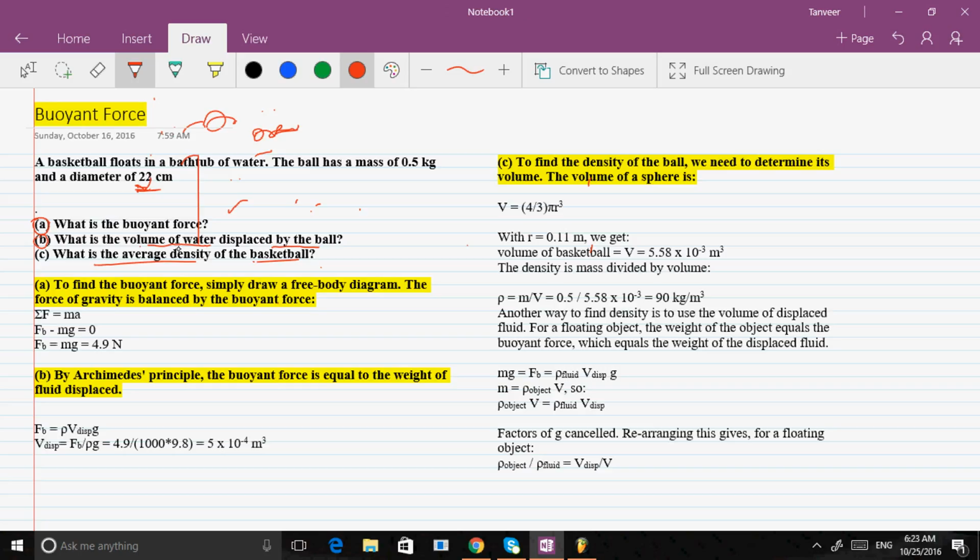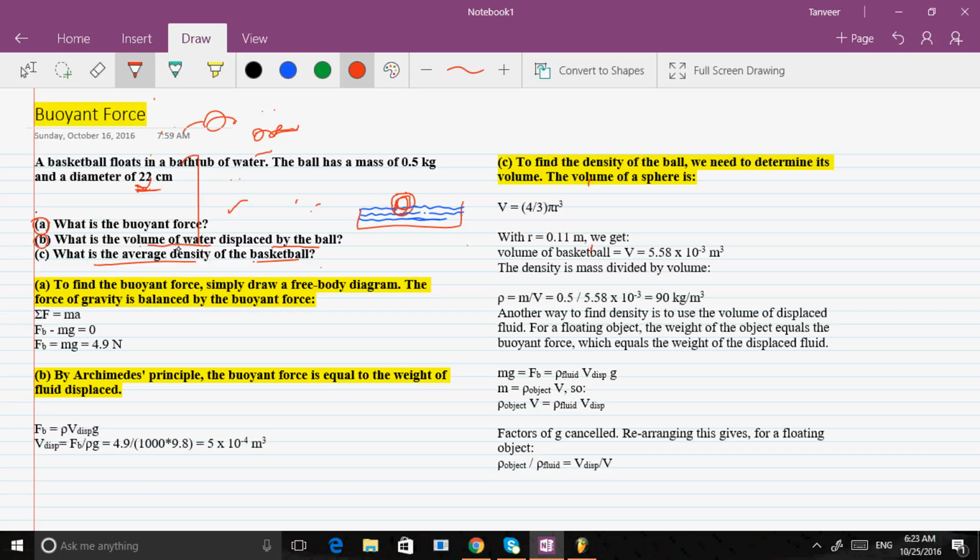As we have a basketball in a bathtub that floats on the water, we have water in the bathtub, and the basketball is inside the water. Like this is a basketball.